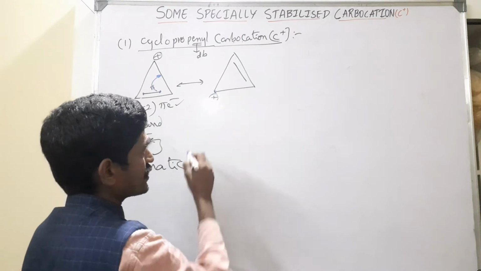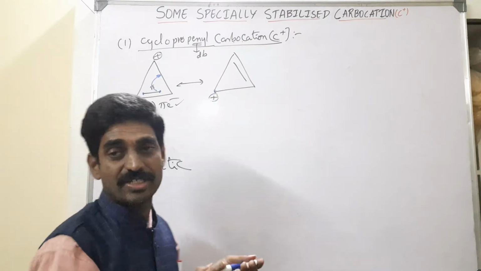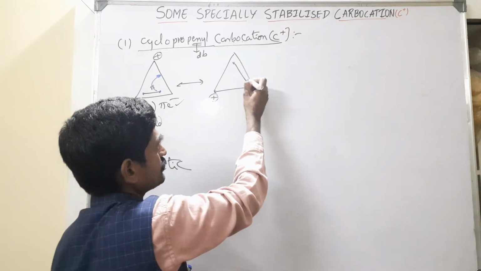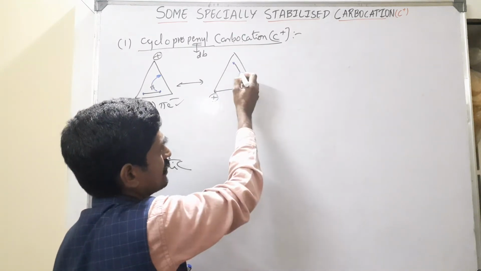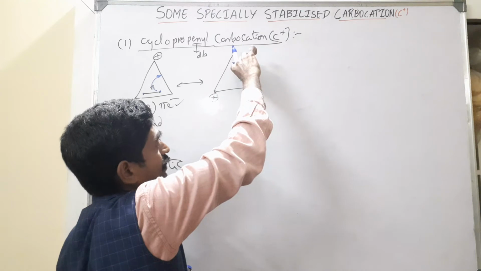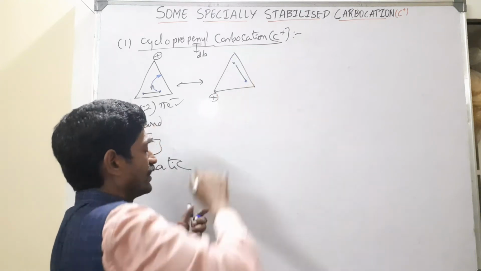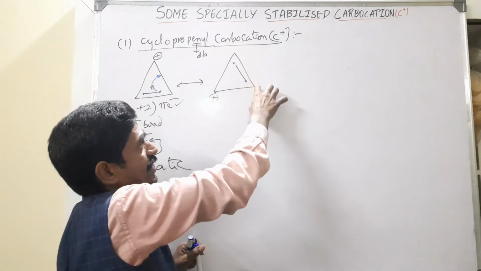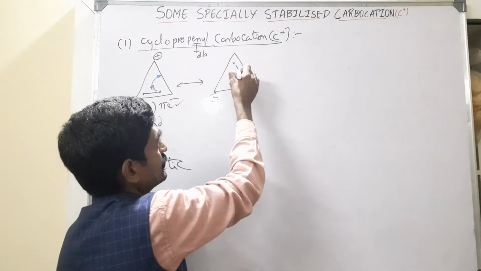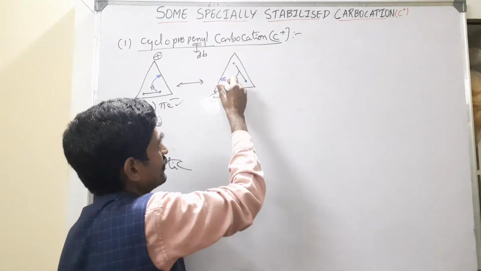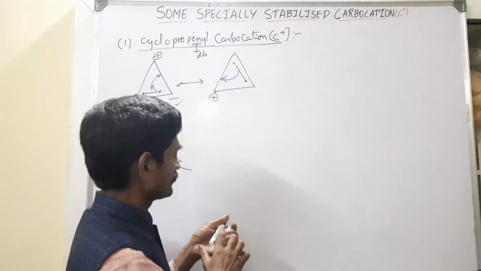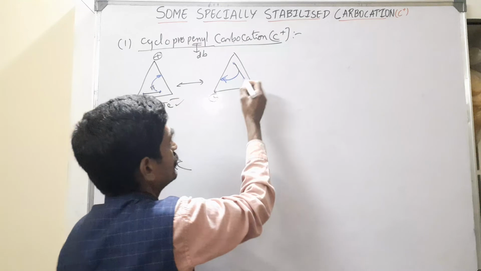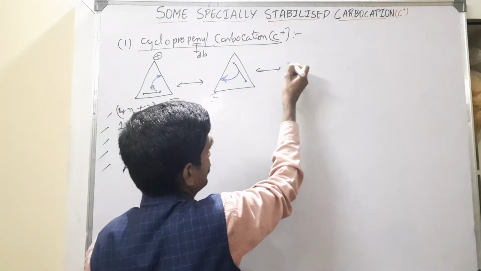Now this carbon carrying positive charge is unstable. To stabilize that, these 2 pi electrons are delocalized from here to here. Then this carbon gets positive charge, and we'll get a resonance structure.